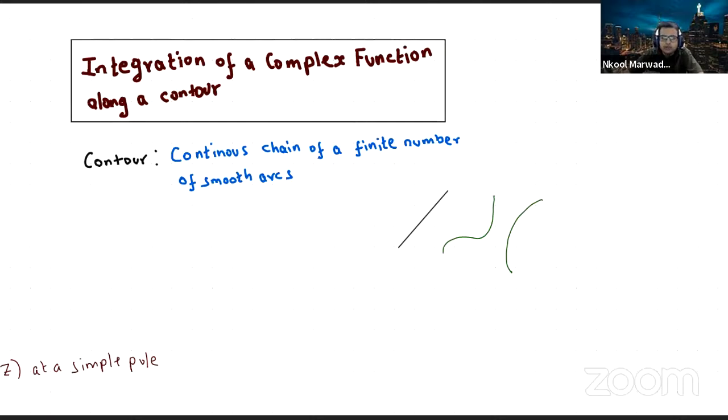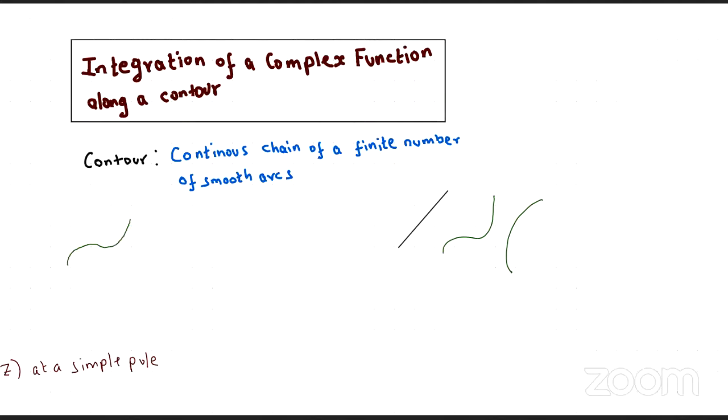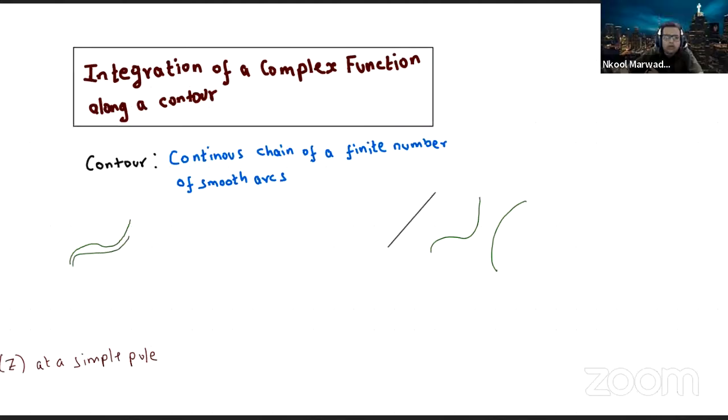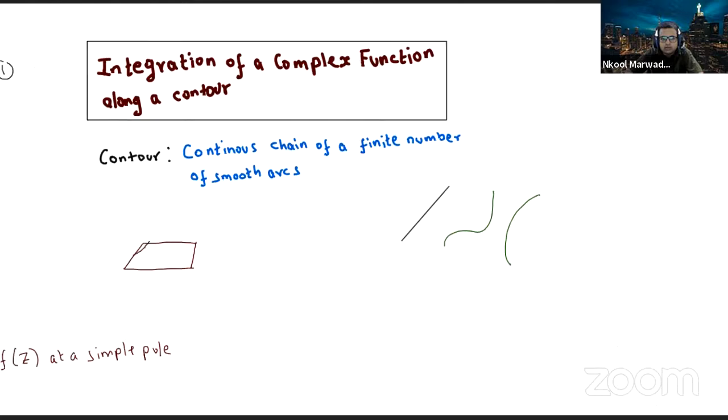Now, what is a contour? Any curved surface you take is made up of continuous arcs, and that we call the contour. Let us suppose I have a 3D object, something like a bump.